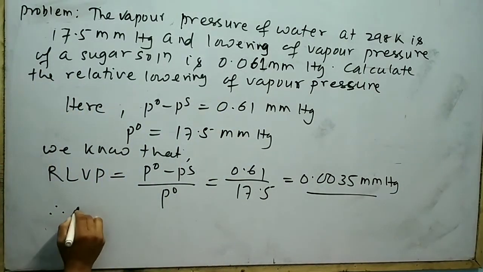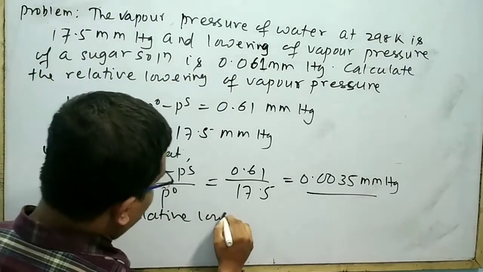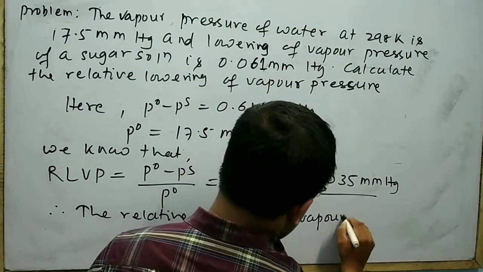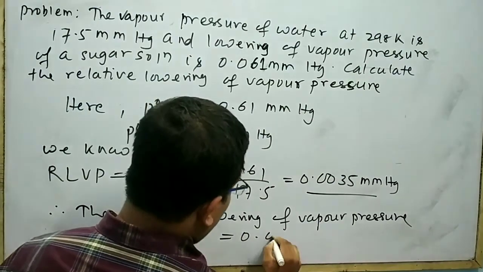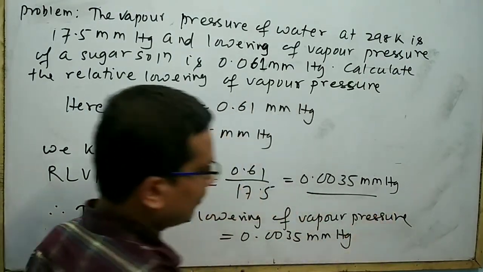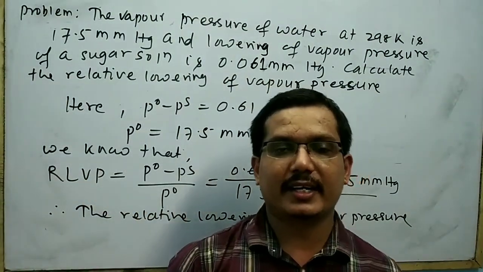So I can write the relative lowering of vapor pressure equals 0.0035 mm Hg. This is all about the relative lowering in vapor pressure and its problem.